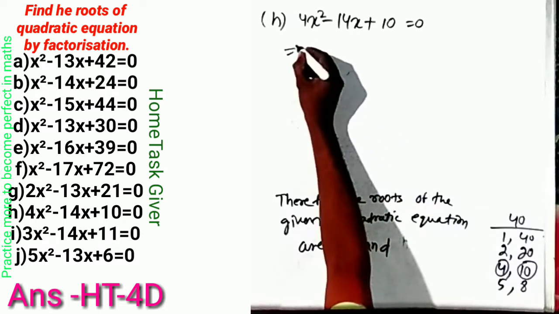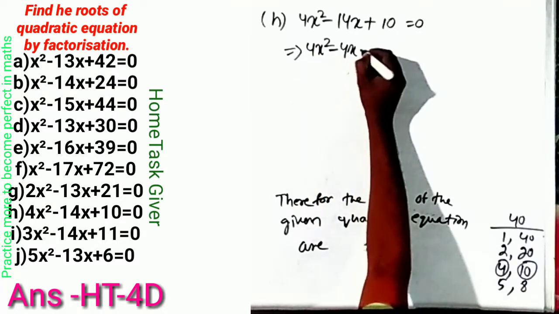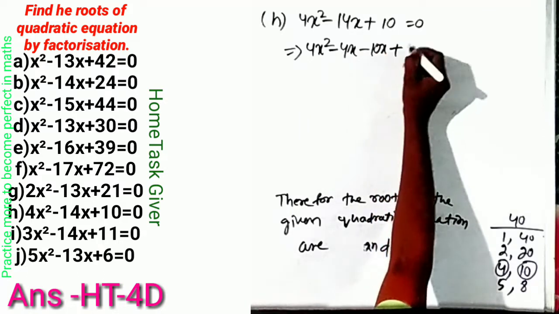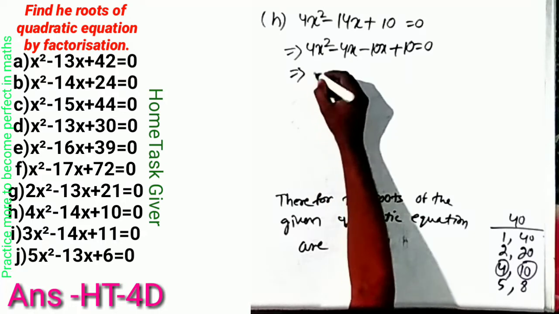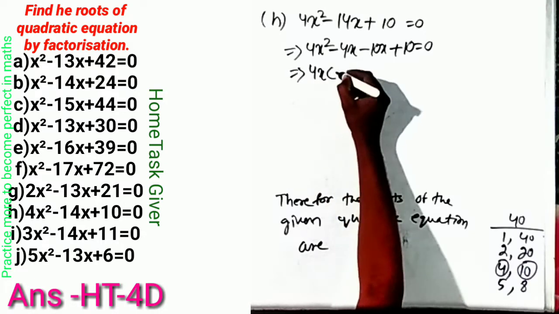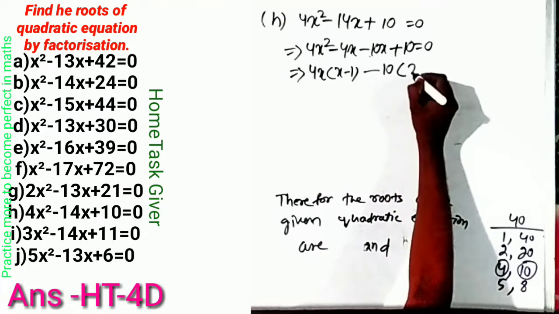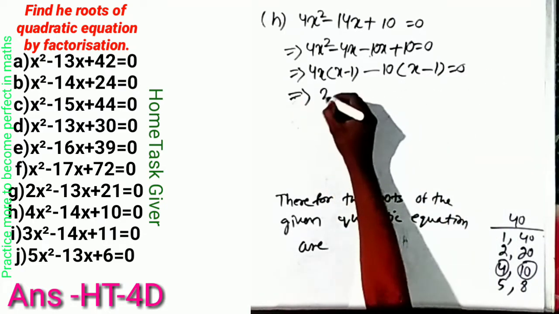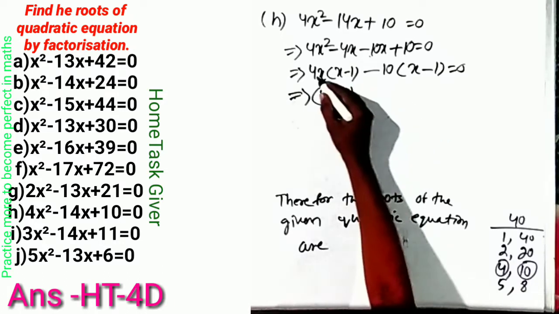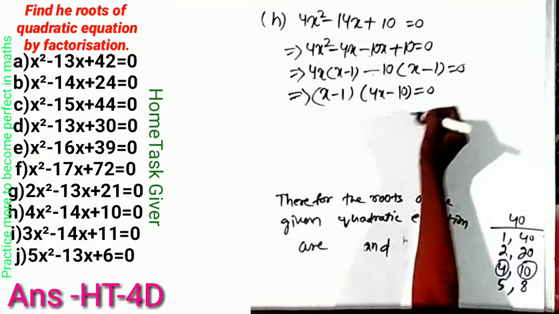So 4x square minus 4x minus 10x plus 10 equal to 0, implies that take 4x common, 4x common लिया तो x minus 1, here take minus 10 common, minus 10 common लिया तो x minus 1 equal to 0, implies that here x minus 1 is common, x minus 1 common लिया आएगा 4x minus 10 equal to 0.